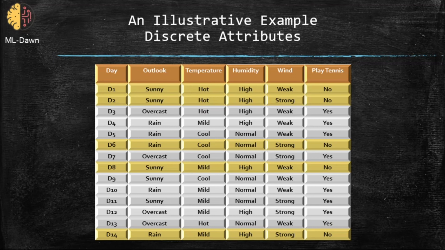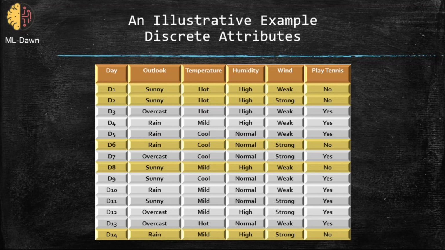We have day numbers on the left side, and we have 4 attributes about the weather: outlook, temperature, humidity, and wind. For outlook, we have different possible values: it could be sunny, overcast, or rainy. For temperature, it could be mild, hot, or cool. For humidity, we could have high or normal.